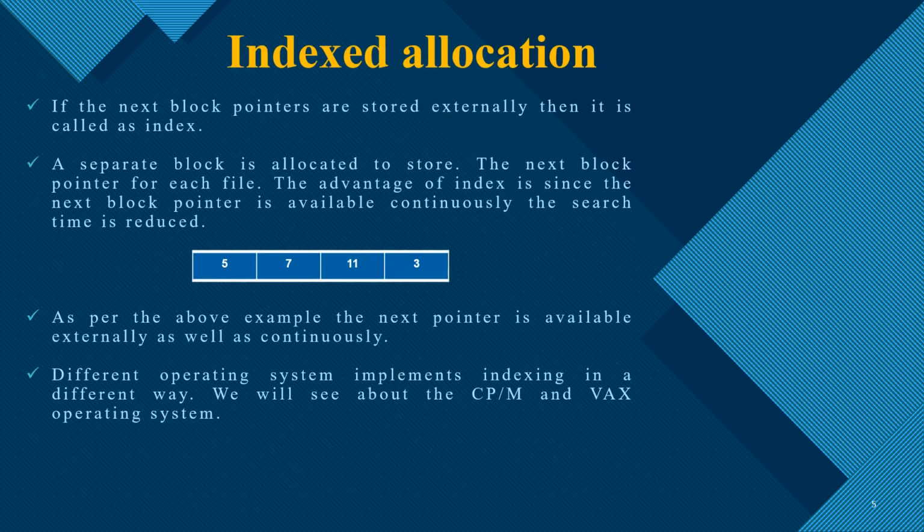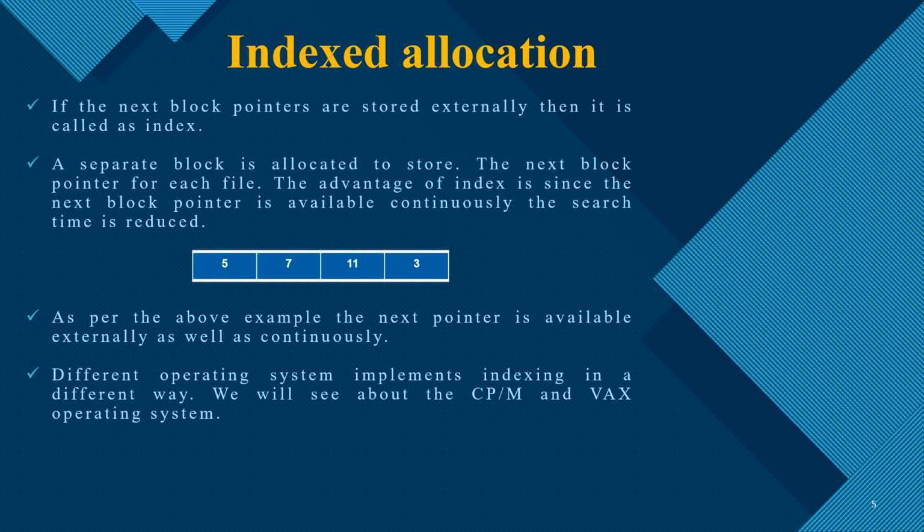The next one is called index allocation. Here, the next block pointers are stored externally, which is called an index. A separate block is allocated to store the addresses of the next blocks for each file. The advantage of the index is that the next block pointers are available continuously, so the searching time is reduced.